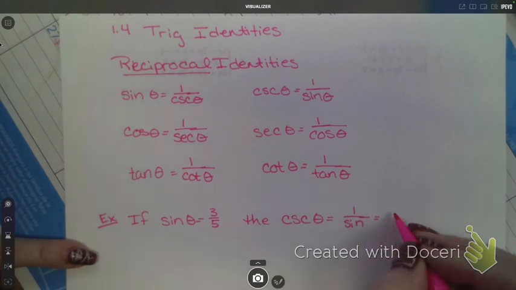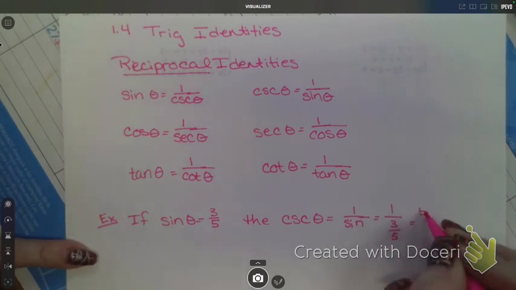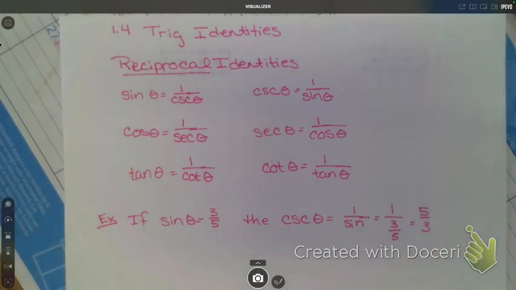Which would be 1 over 3/5, which would be 5 over 3. Now, I did that long, right? I didn't need to do all that, but do you see how it works? Because it's 1 over, so you multiply by the reciprocal and you get 5/3.